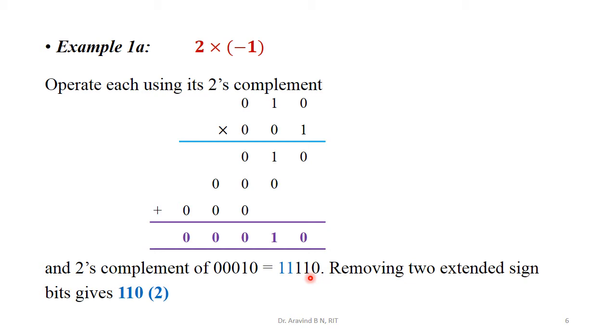Since we are discussing only the Q3 format, we must reduce this complete representation into Q3, that means consisting of only 3 bits. Therefore the MSB 2 bits, which are the sign extended bits, we are going to eliminate, and the final answer we are going to have is 1, 1, 0, which is equivalent to the answer -2. So 2 into -1 is equal to -2.